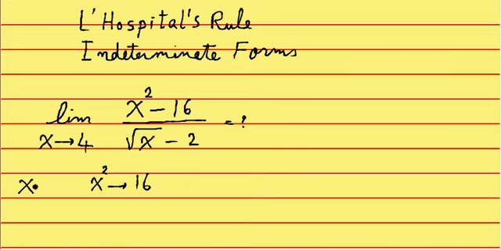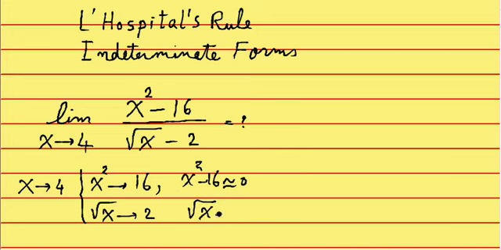So as x comes close to 4, the numerator is going to come close to 0. In the denominator, radical x, when x is very close to 4, is going to be close to 2. So radical x minus 2 is approximately 0.